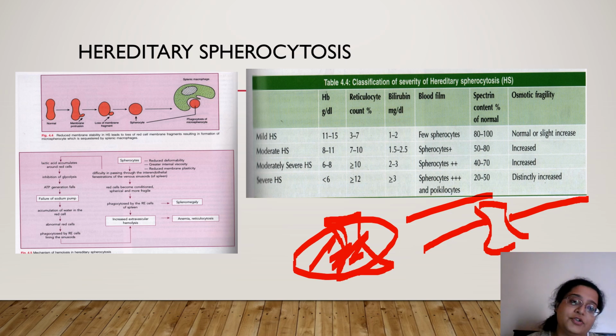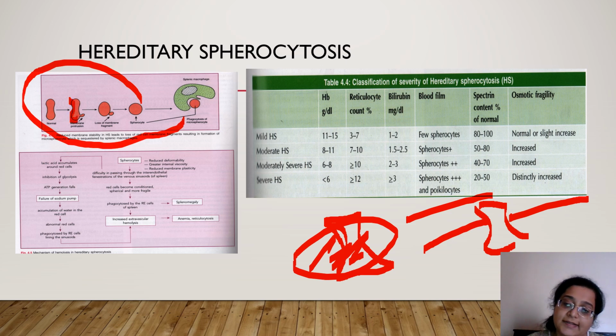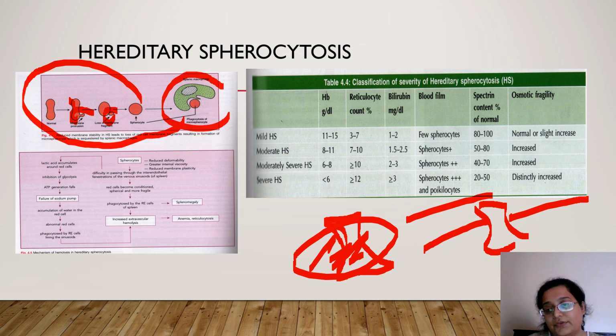And this is what is shown here. The biconcave structure, when it cannot maintain itself during movement, gives off fragments which look like spheres, which are just fragments of RBCs, and they are then phagocytosed. And this is done in the reticuloendothelial system. Hence, you might get hepatosplenomegaly over here.